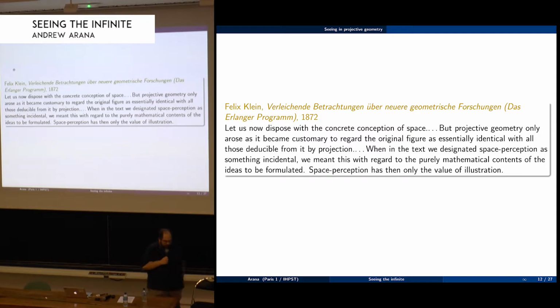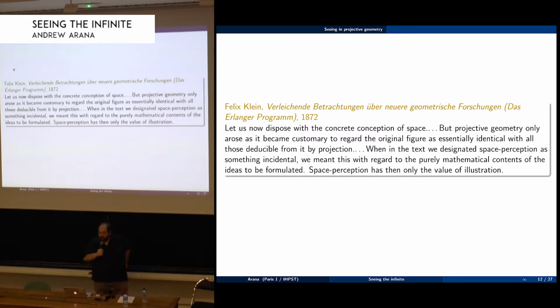Maybe more pertinent to current practice, you find this passage from Felix Klein in his text on the Erlangen program. He says, "Let us now dispense with the concrete conception of space." Just throw it away. I won't be needing this anymore in geometry. "Projective geometry only arose as it became customary to regard the original figure as essentially identical with all those deducible from it by projection.